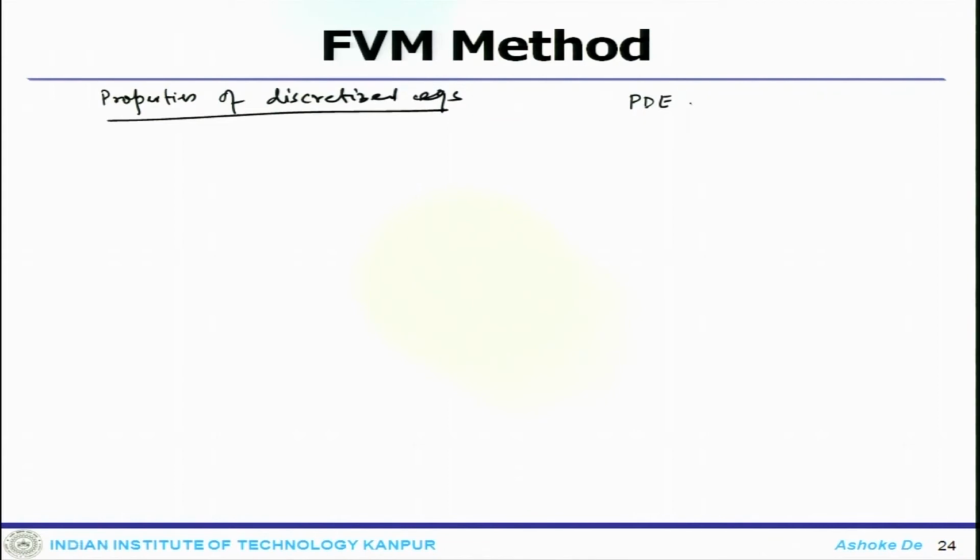Now, PDEs are discretized to get a linear system. Okay. Now, this discretization process you must have, and this is where we have applied our numerical technique of the finite volume method. Now, one of the important properties that we have also discussed is conservation.